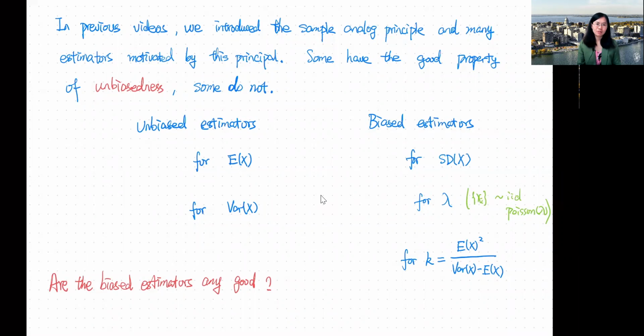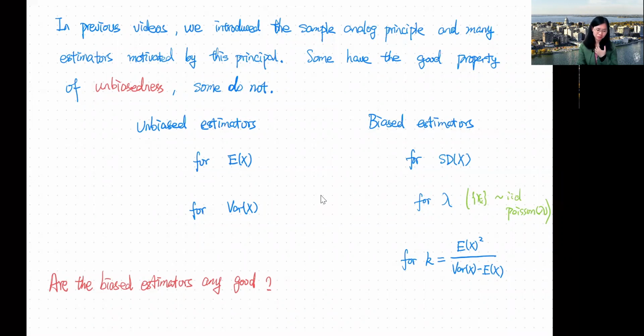In previous videos, we introduced the sample analog principle, and many estimators are motivated by this principle. Some of the estimators that we introduced have the good property of being unbiased, and some others do not have this property.